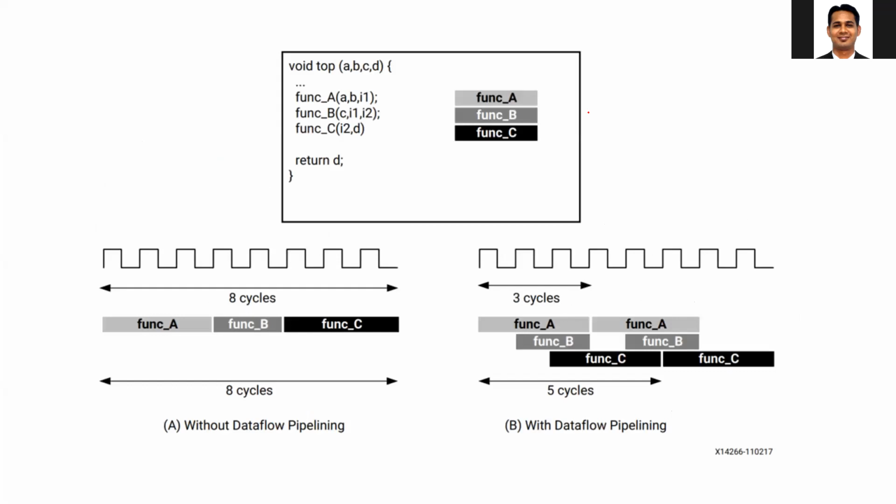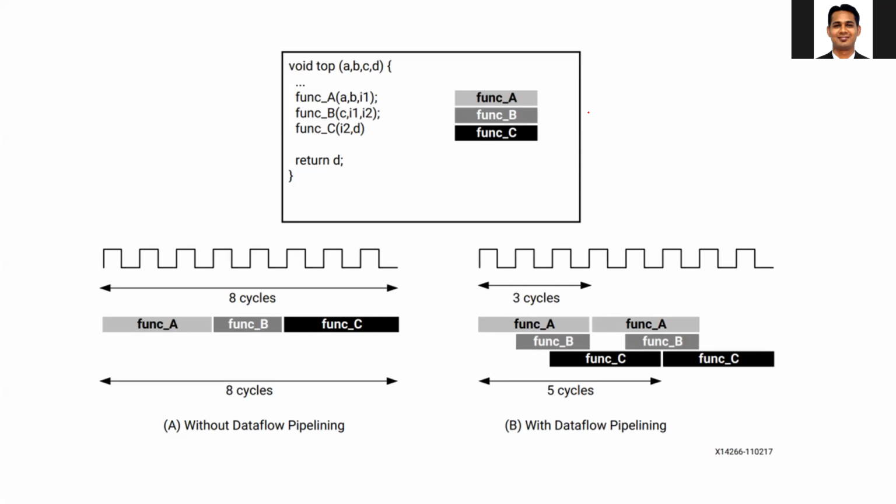If you take the example here, you have functions A, B, C. Without dataflow, you will first do A, then B, and then C. But by using dataflow, you can initiate B before completion of A if it is possible. Similarly, you can initiate C before the completion of A and B if it is possible. Okay, so there you can use this dataflow pragma.